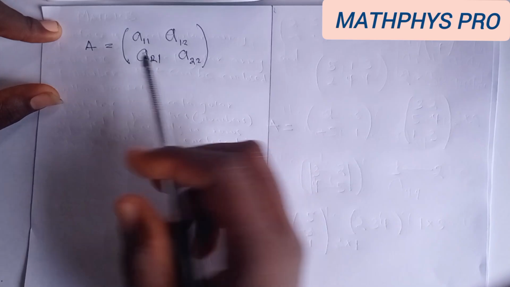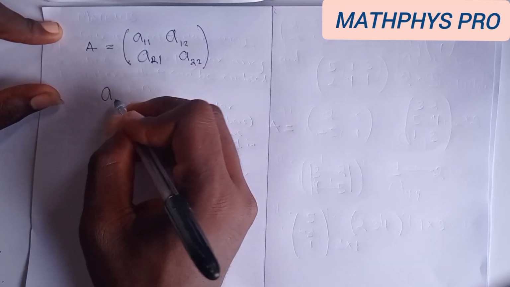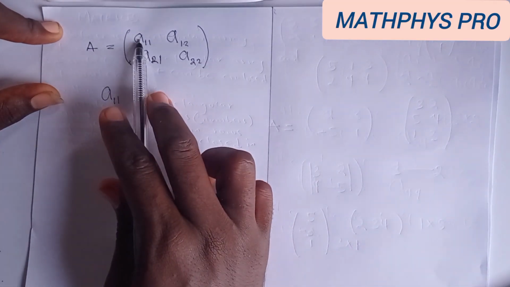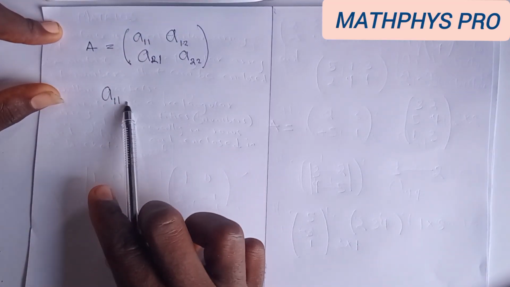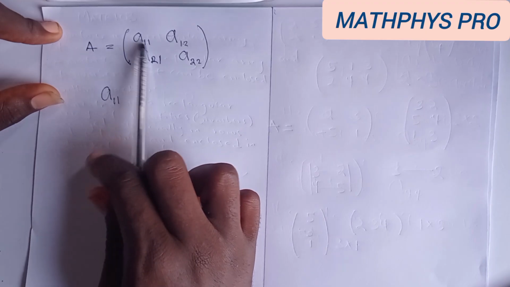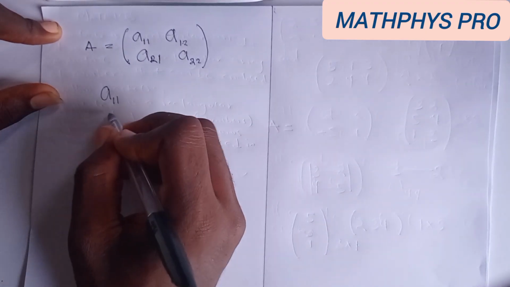Now, if you consider this matrix A, the element a subscript 1 1 is in the first row and the first column. Look at the position of this: it is in the first row and the first column.